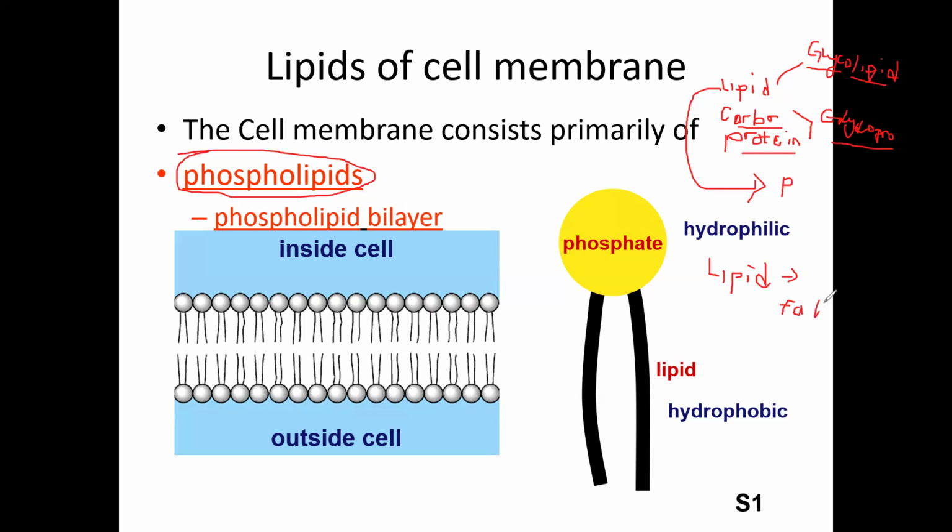It's made up of fatty acids and glycerol. So glycerol and fatty acids esterify to produce lipids. Lipids that contain just fatty acids and glycerol, we call simple lipids.